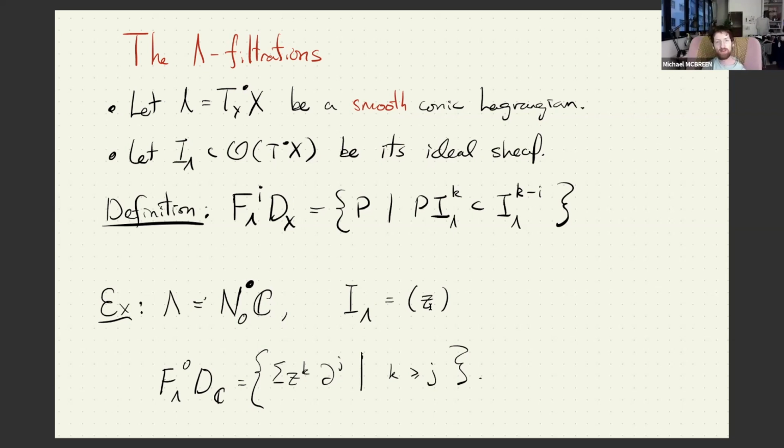So you're basically filtering by the correct notion of order of vanishing at lambda, not just order of vanishing of the coefficients.